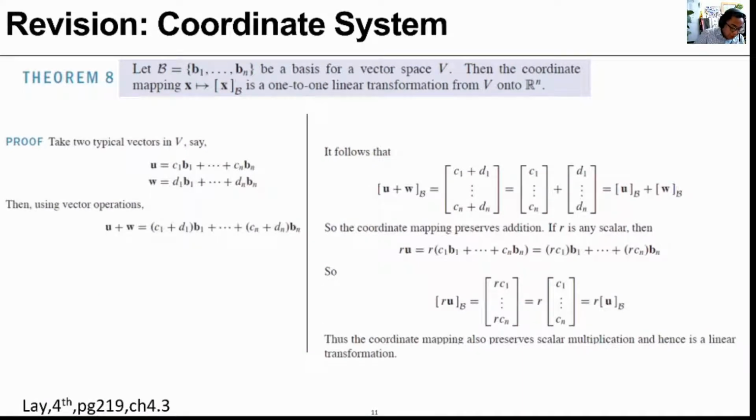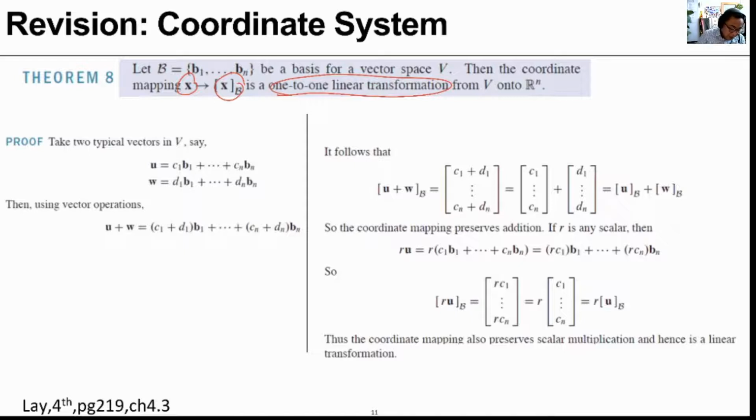In this slide, there's a short proof showing that this 1-to-1 transformation from x to xB is linear.